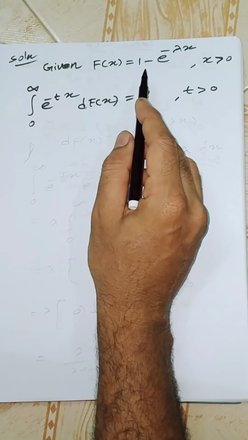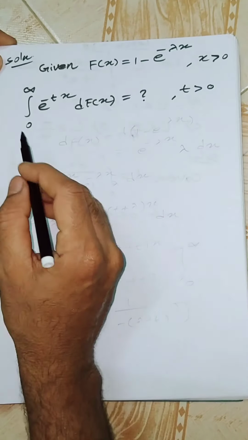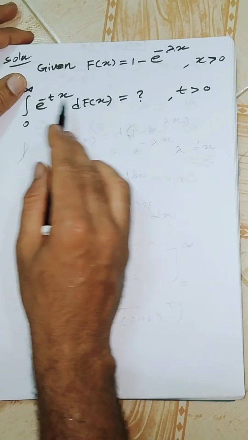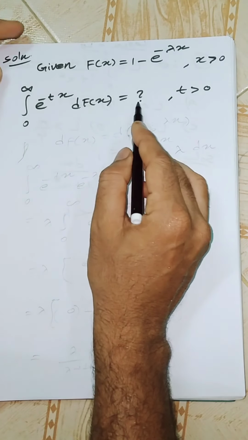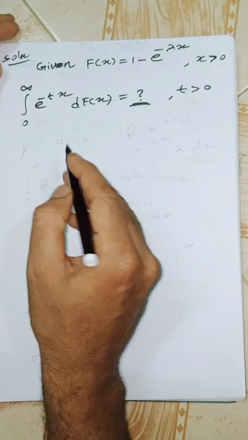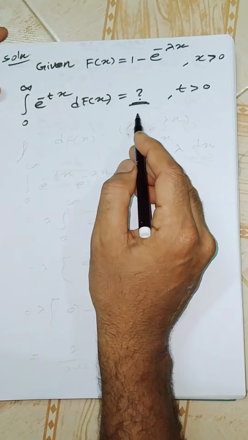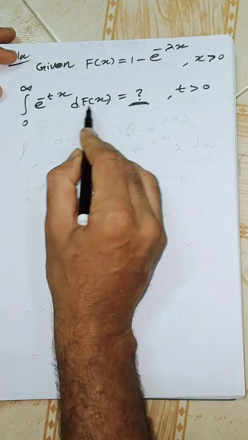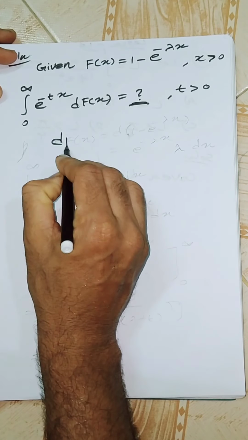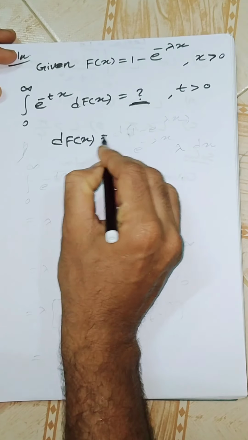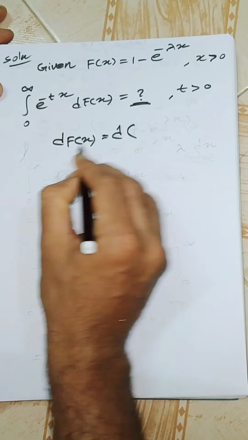So this is the given function F of x equals 1 minus e power minus lambda x, then integral 0 to infinity e power minus tx d of F of x. So this is a question mark, equal. This we are going to find out. First I take the given F of x and differentiate. Now let's differentiate.